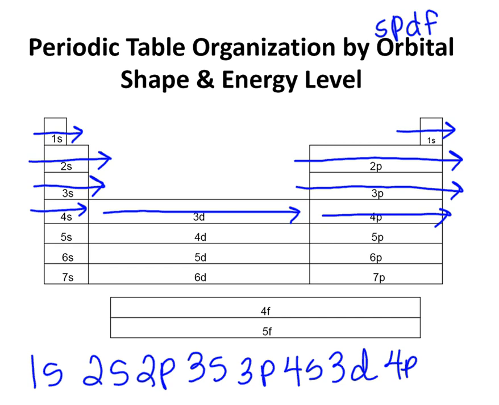One thing that's also really helpful when you're using this method is you can see where the lanthanides and actinides come in. This is one of the most common ways to see the periodic table with the lanthanides and actinides, the F block pulled out of the periodic table and put down below. But if you actually follow along the periodic table, they fit in actually in this section here.